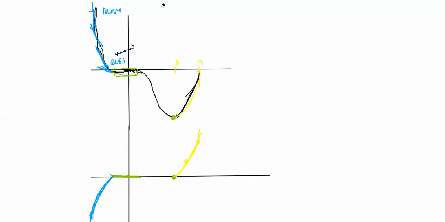Next we need to ask about here. This is not very negative. This is pretty negative. And then this is less negative. Do you know what I mean when I say less negative? I'm implying that the absolute value of whatever number is in here is less than the absolute value of this.